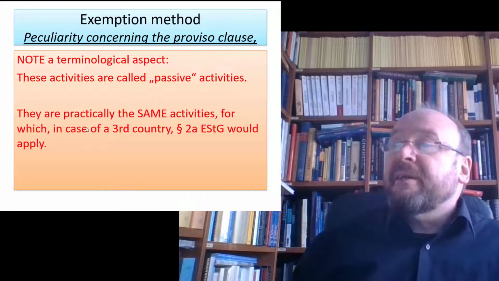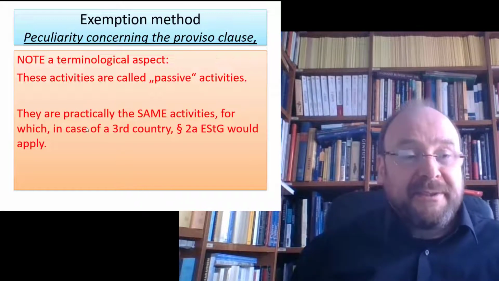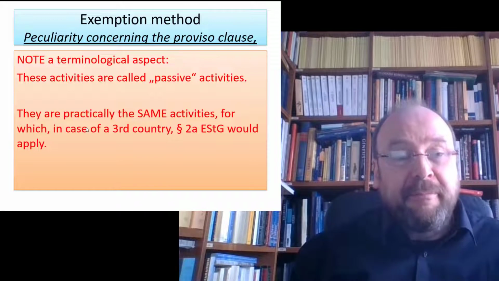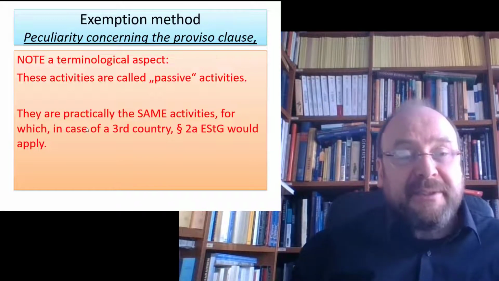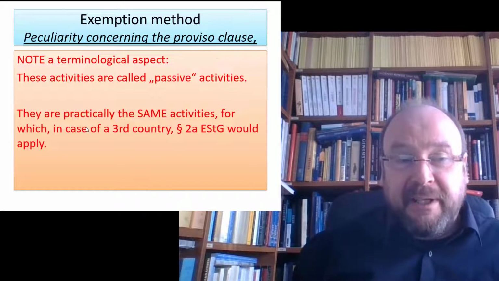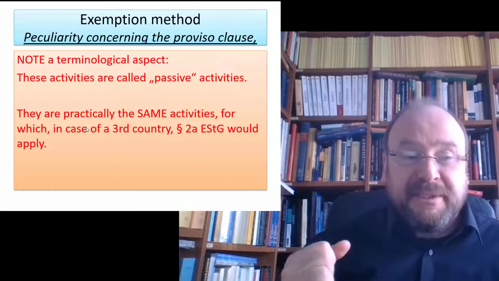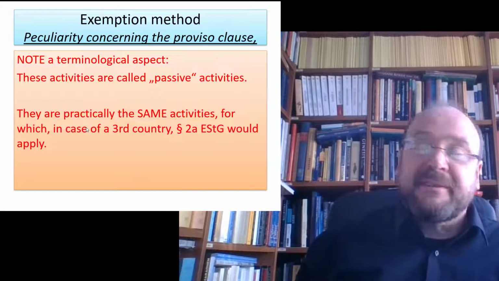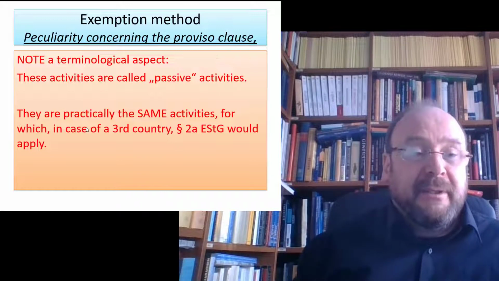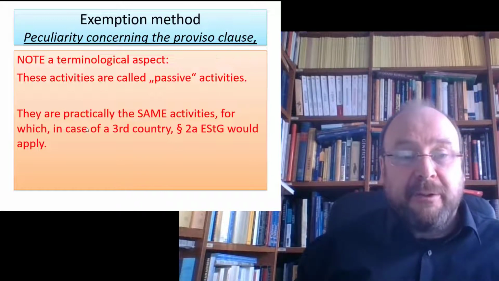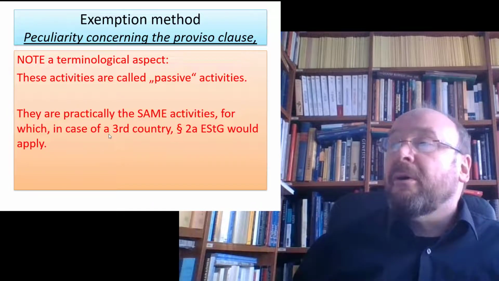So these are the activities which, under the perspective of 2a, would kill the loss if they came from a third country. And if you do such an activity in the EU, law says, okay, you must treat them fairly, and fairly from our perspective then, okay, then we suspend the Proviso for the positive and negative results from such investments. So we can avoid reproaches from the perspective of European Union law.